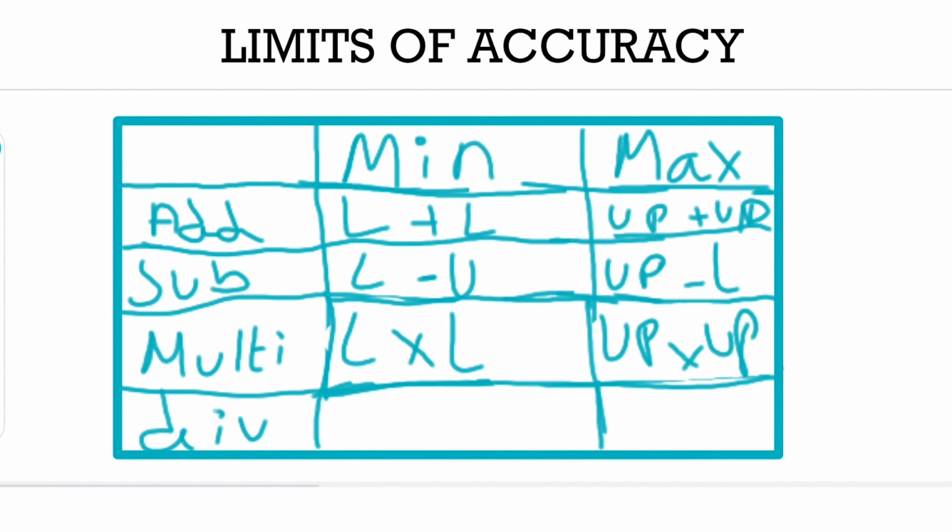For division, we have already discussed it in the last question: lower bound divided by upper bound and upper bound divided by lower bound. You can also remember that for addition and multiplication, both variables will be the same, and for subtraction and division, they will be different.